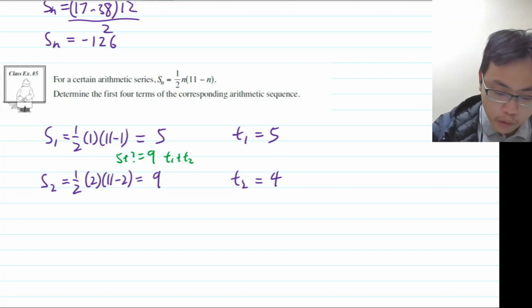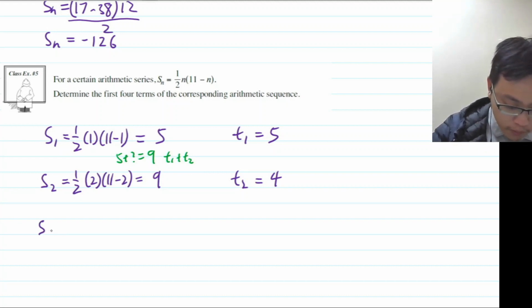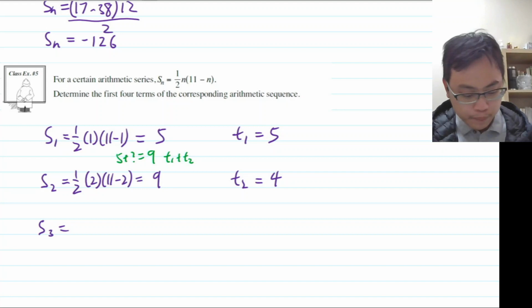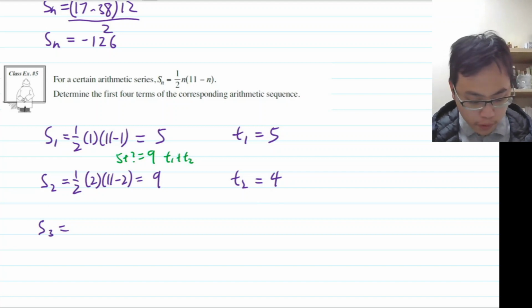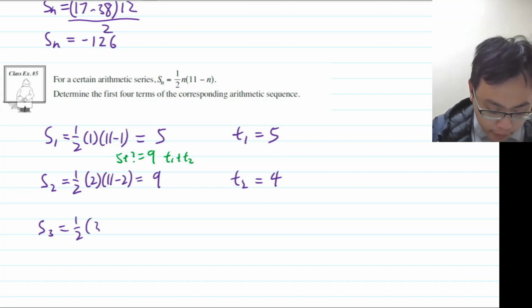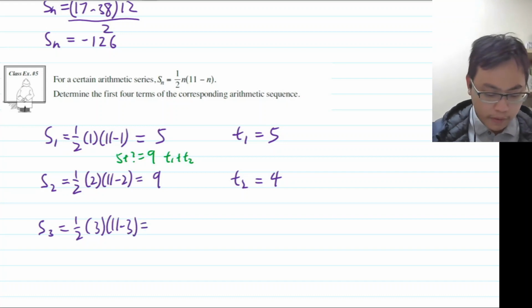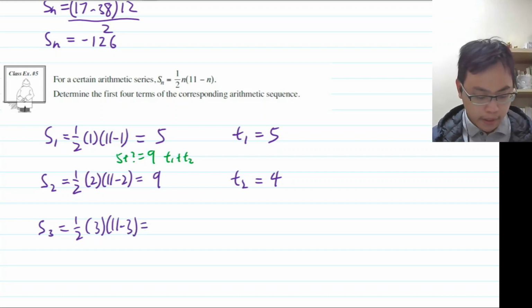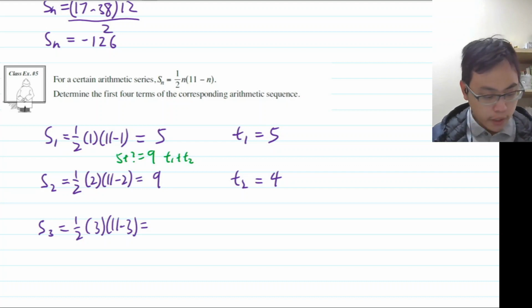Now let's go on to the sum of the first 3 terms, S3. It's going to be half 3, 11 minus 3. Just put it into the formula. 11 minus 3 is 8, and 8 times 3 divided by 2 is 12.